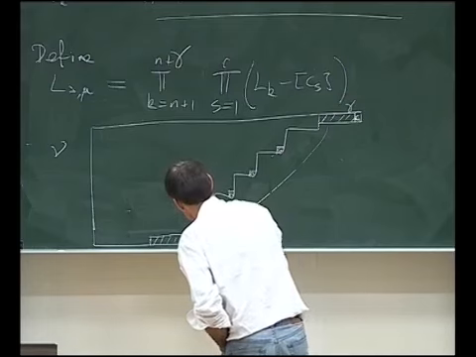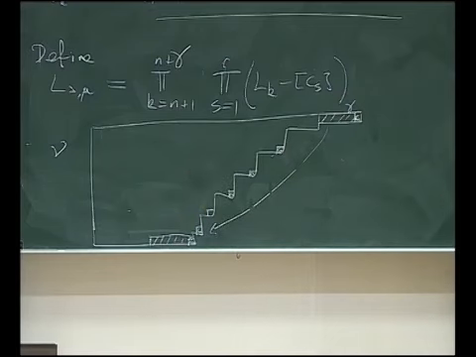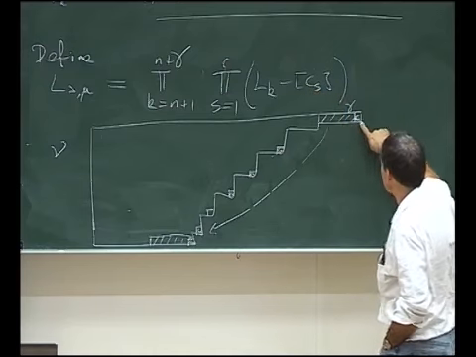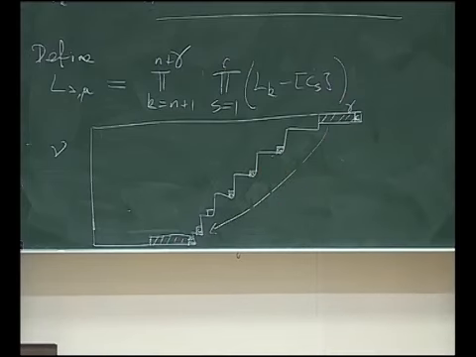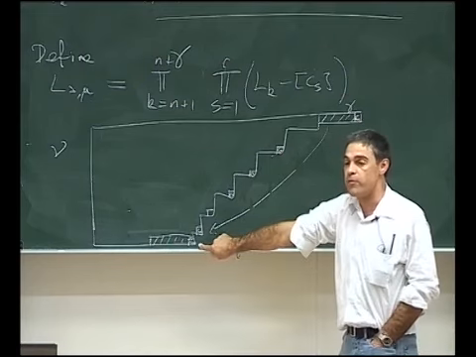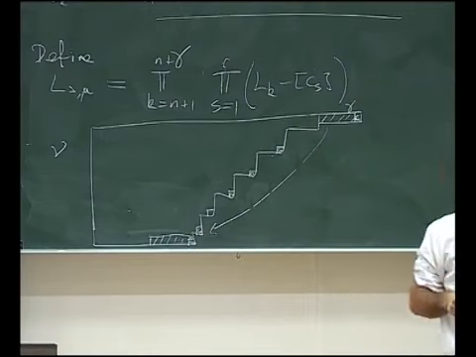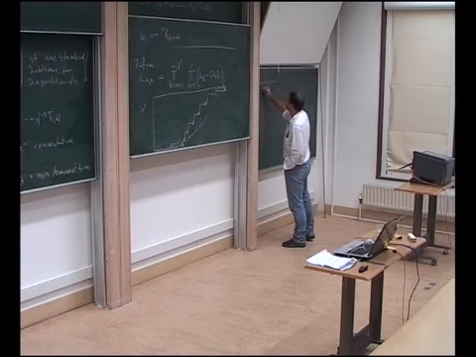Let me label the removable nodes here C1, C2, C3, and so on, all the way up to CR, and then CR plus 1. So the C's that I have in this product are going over the removable nodes in the diagram, so those nodes I can pull off so that I leave a partition still. And I take all of these removable nodes except for the one at the very bottom.